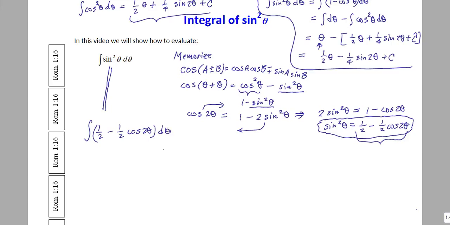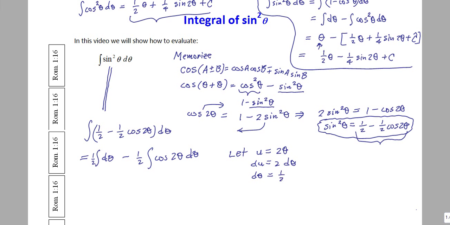Once again, we distribute, we get the integral of a half, we'll bring the half out, that's a constant, d theta, minus the half times the integral of cos 2 theta d theta, and we'll do a quick u substitution. U is equal to 2 theta, that means du is equal to 2 d theta. That means that d theta is equal to a half of du.